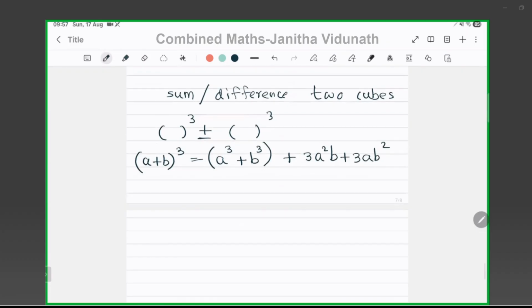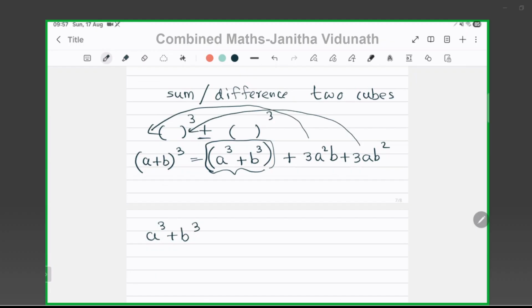Now we try to take these two terms as one term. Then we get a cube plus b cube, as simply we pass these two terms to the left hand side.